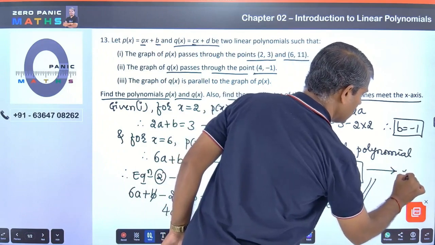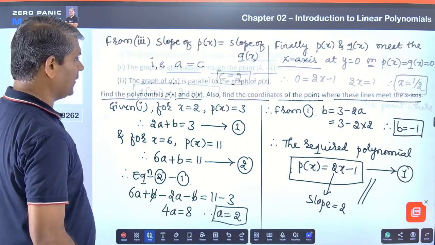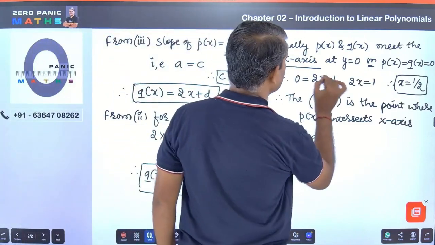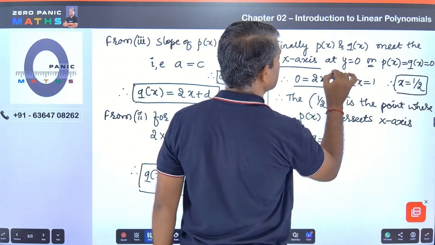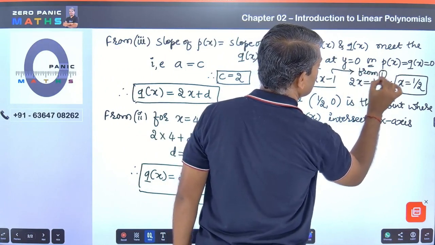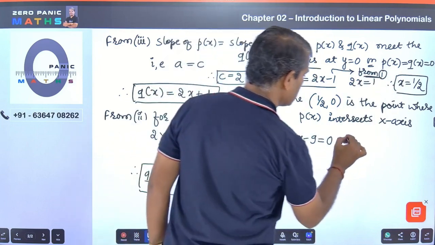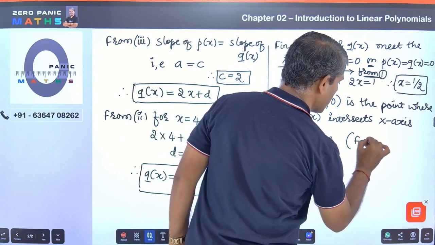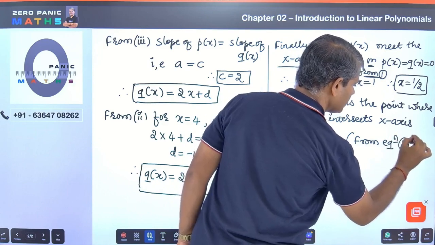So where you are substituting, you should be getting that right. From equation 1 you got this, and this I will write as from equation 2, so that there is no confusion.